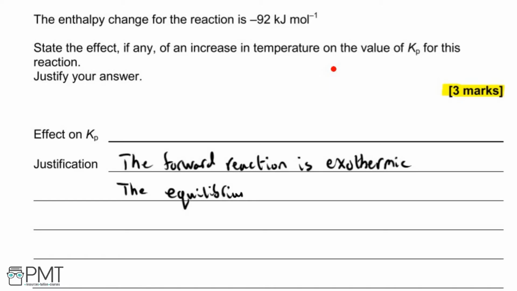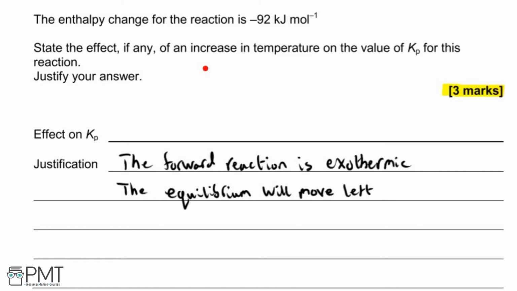And the reason for this is that our forward reaction is exothermic. However, endothermic reactions are what are favoured by an increase in temperature, as the endothermic reaction will take in energy. So the forward reaction is exothermic, which means the backwards reaction is endothermic, so it's that backwards reaction that will be favoured.